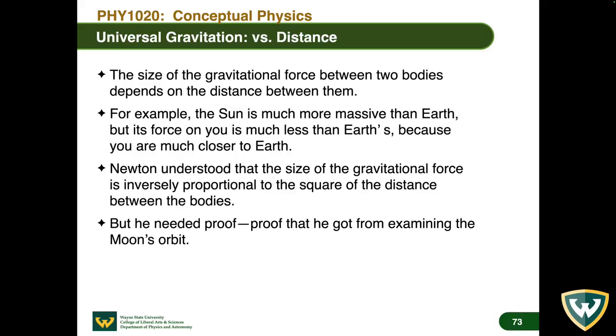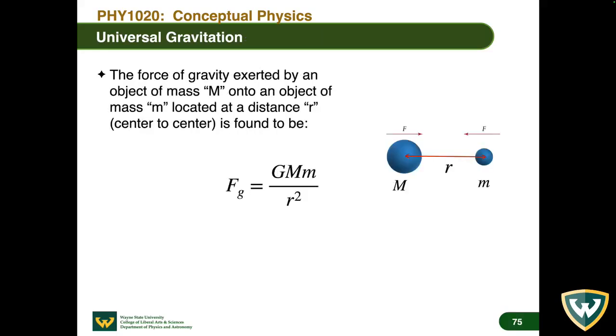Anyhow, Newton needed proof to do all of this, and he examined the shape and the speed of the moon's orbit, and he figured out that the relation between the distance and the masses is given by this expression here. So the force of gravity between two objects, the big one on the small one and the small one on the big one, is the same magnitude of force.